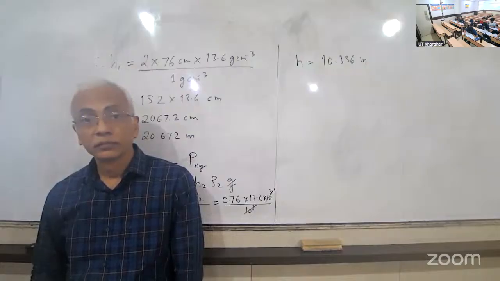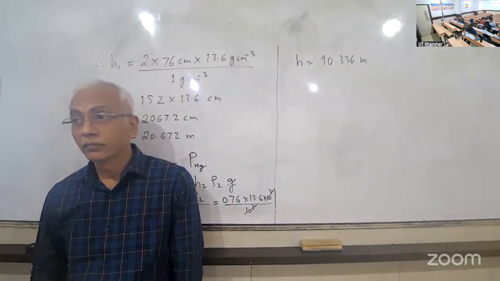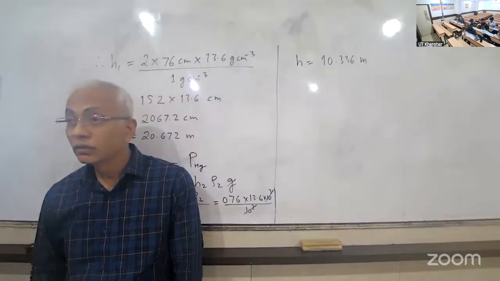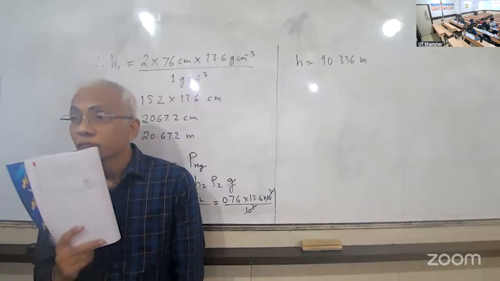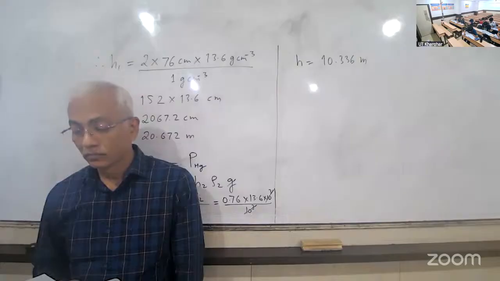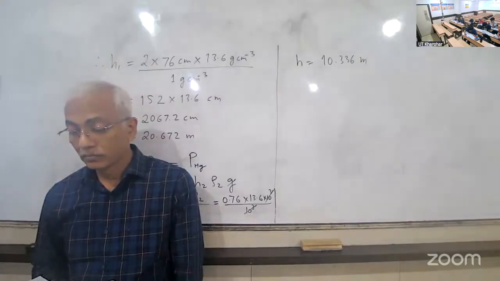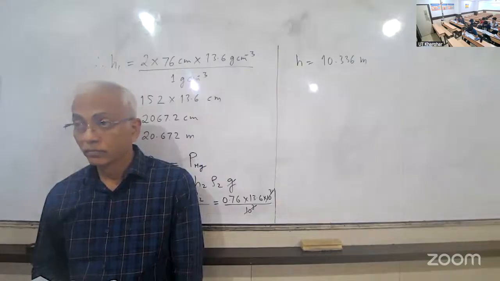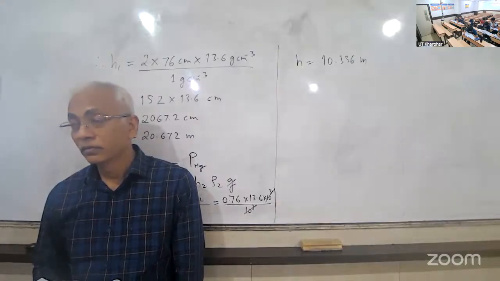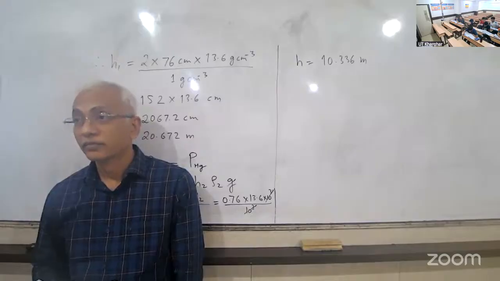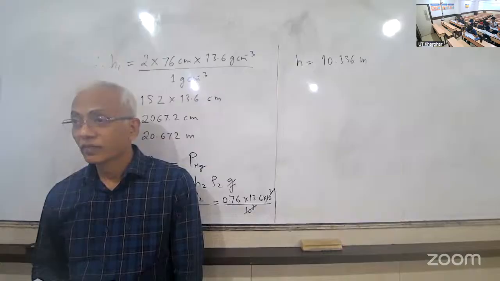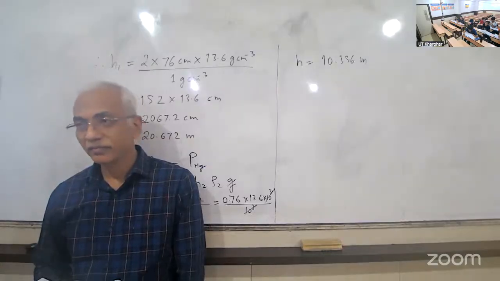Yeah, can I try? Yeah, try. In the first question, there are two figures. One figure represents seawater and the second figure represents river water. Good. As the density of seawater is more compared to the river water, the pressure in seawater would be more than the pressure in the river water.